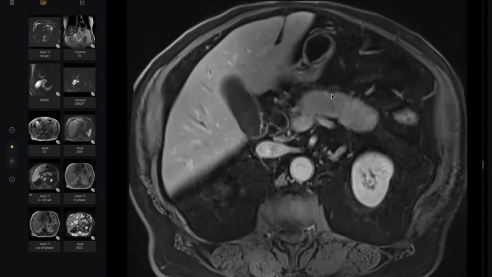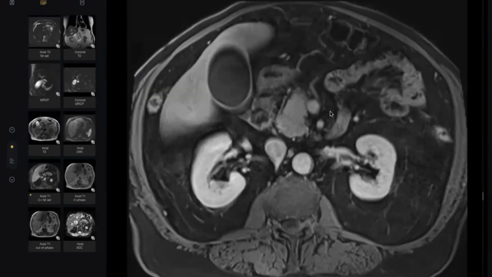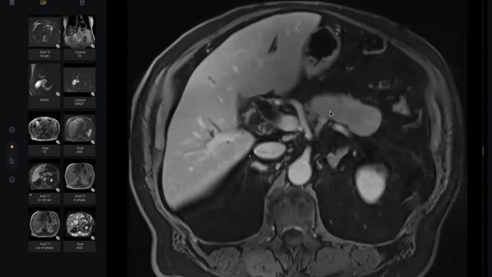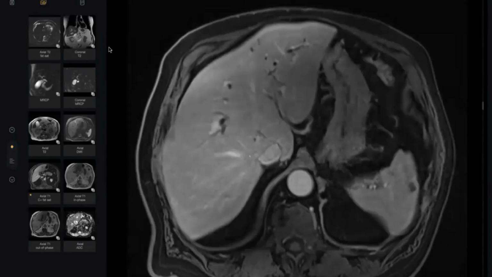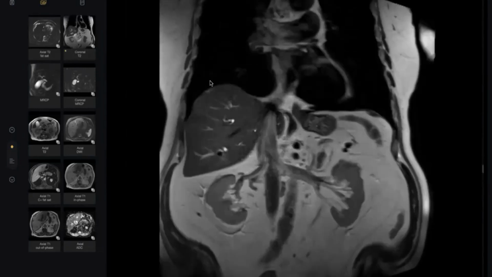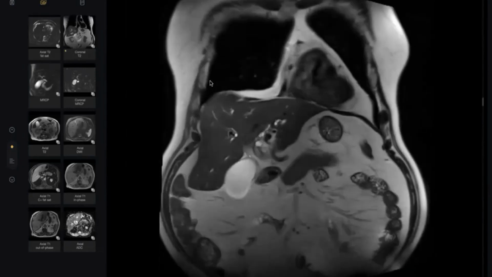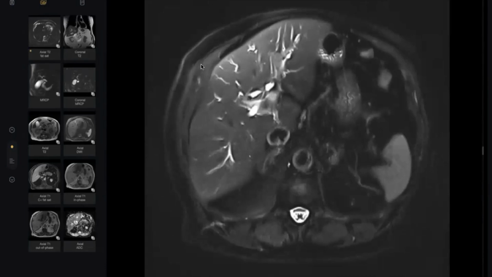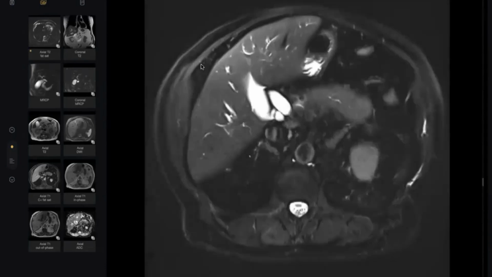Number two, absence of lobulation, so this is a sausage-shaped pancreas. Number three, from the beginning you detect this biliary dilatation. But in my opinion, the key here is in the pancreas itself. It is very easy to detect.